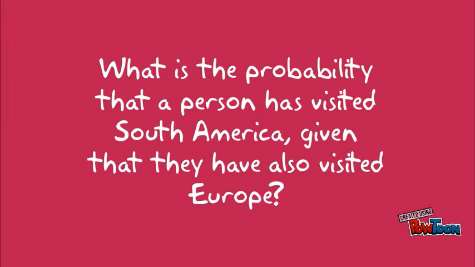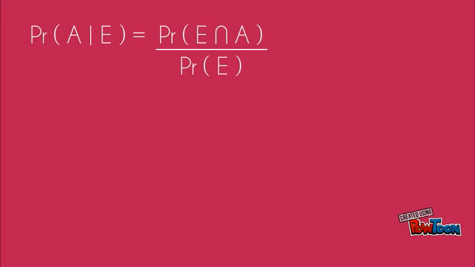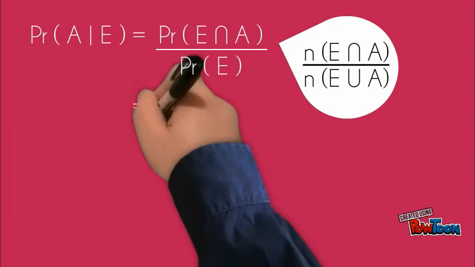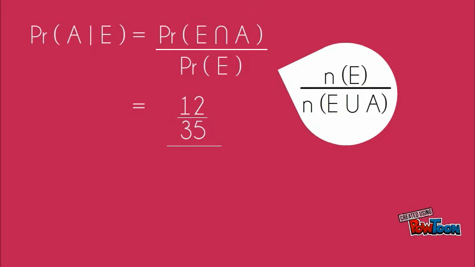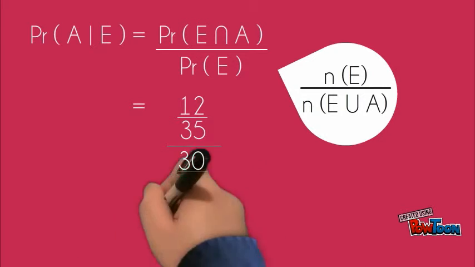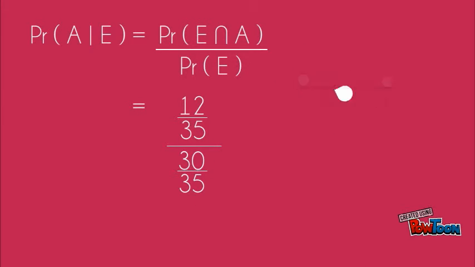Now that we have this information, we can find the probability that a person has visited South America, given that they have also visited Europe. To find the probability of our previous finding, we simply need to divide by the number of travellers interviewed, 35. Similarly, to find the probability of E, we divide the number of people who have visited Europe by 35.